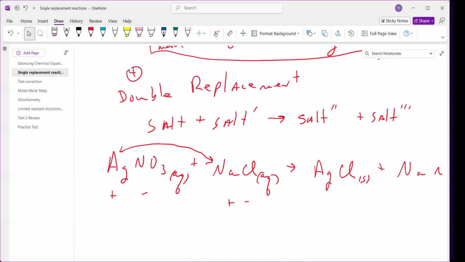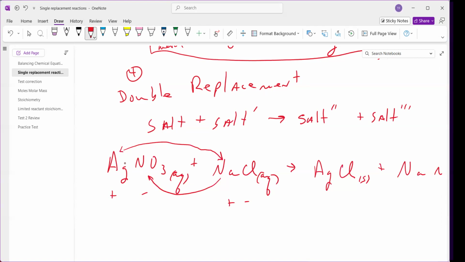So if we start with silver nitrate and sodium chloride, the silver goes to the chloride, and then the sodium goes to the nitrate.